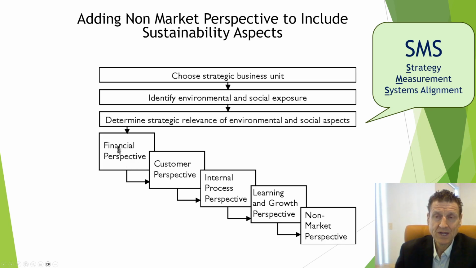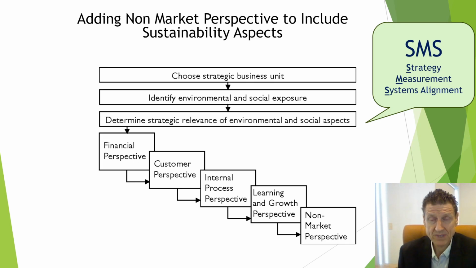And often you've got the financial perspective that's going to fix up the transactions. So when we talk about the strategic relevance of environmental and social aspects, they have relevance in all aspects of the system of value creation in the organization.